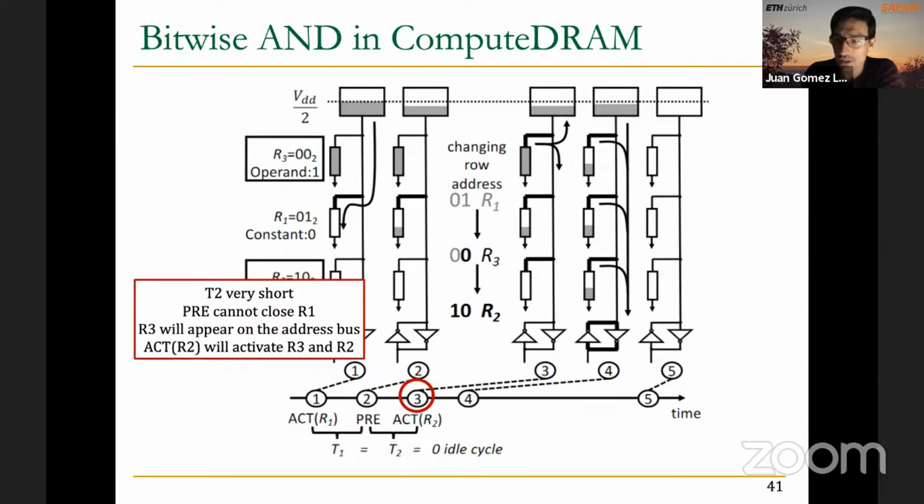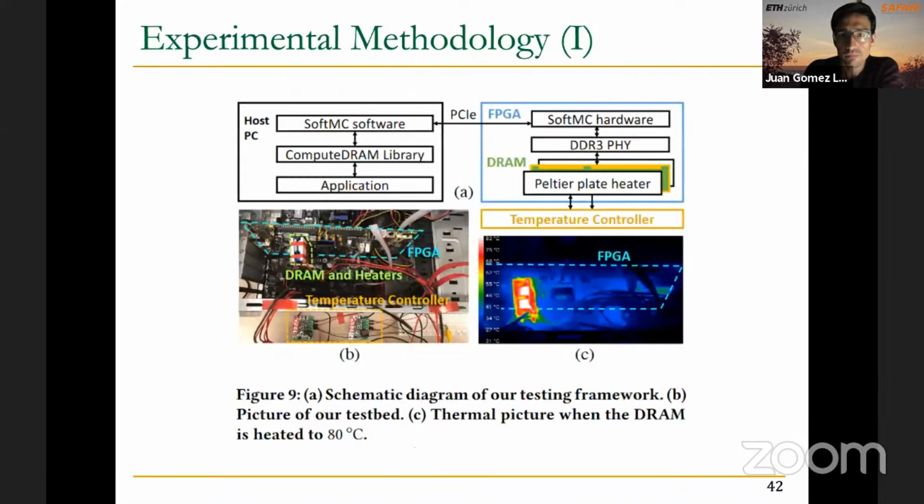And even though this is not exactly doing the same thing as Ambit did, Ambit, remember, extends the different subarray with a row decoder that is able to activate 3 rows at the same time. Even though the implementation is not the same, because this is just changing the timing parameters, it produces a similar effect. As I said, you will learn more details about this work in our next lecture, and we will explain all these operations in more detail.